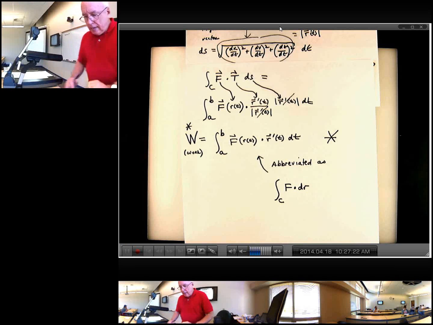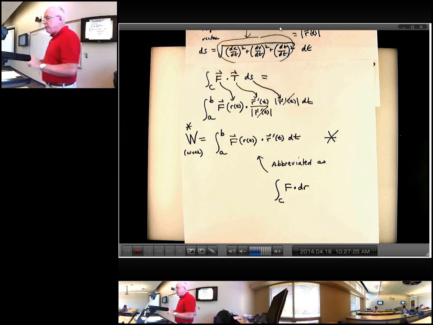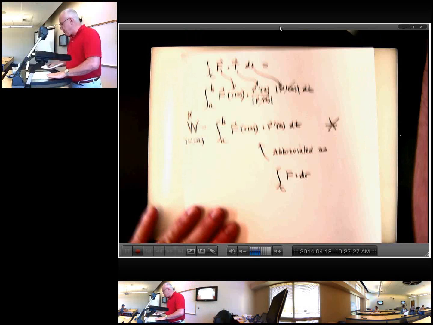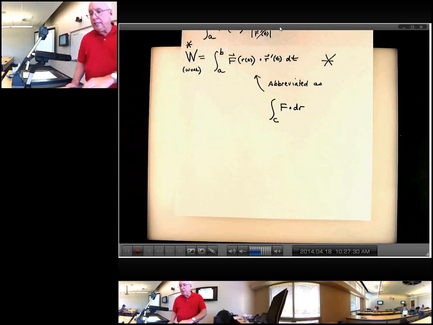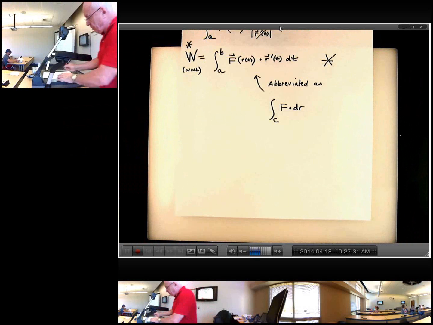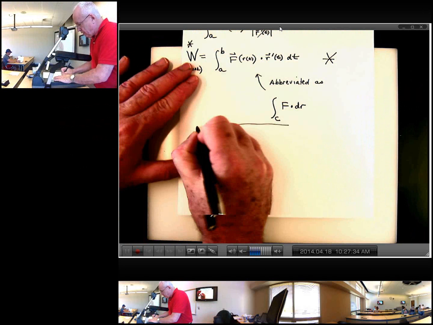All right. Now, let's do an example here so we can put some numbers into this formula. Example.